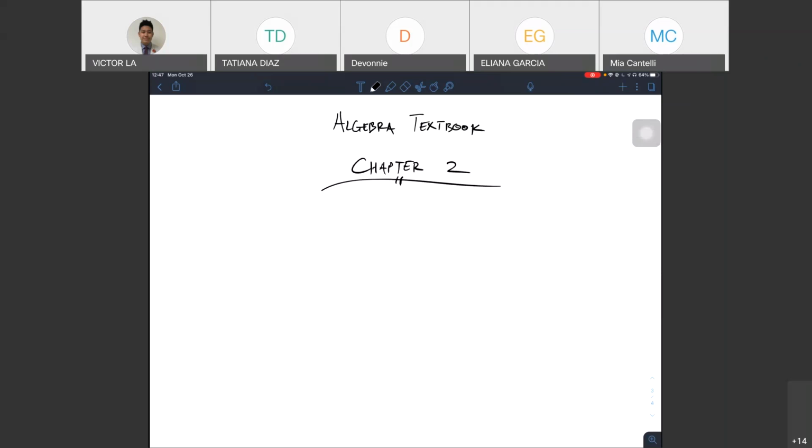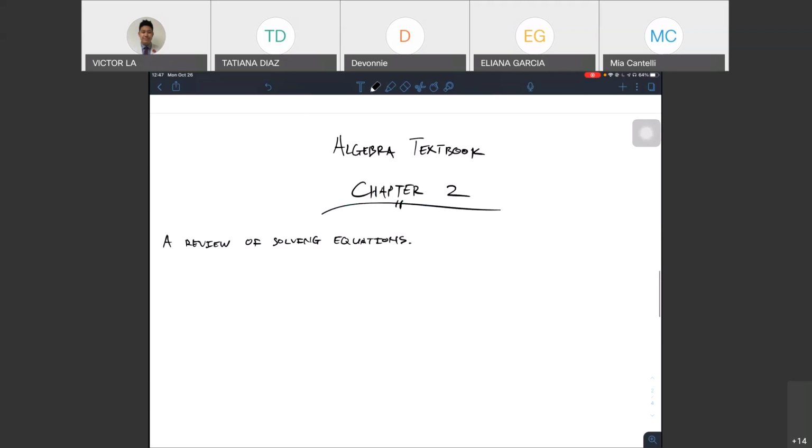So it's kind of like a review of solving. And remember, all these problems will say solve because there is an actual equal sign. So this is example 6 now.